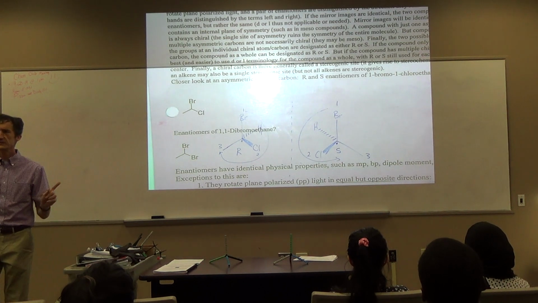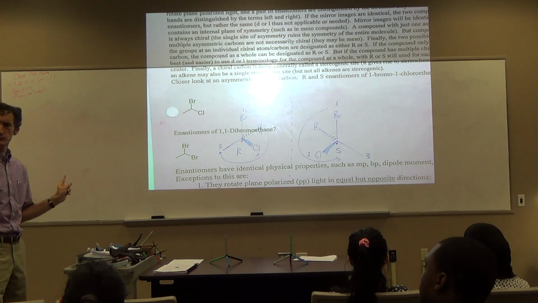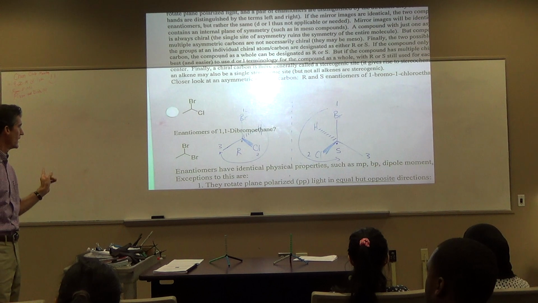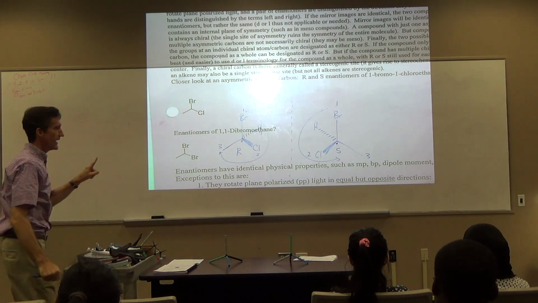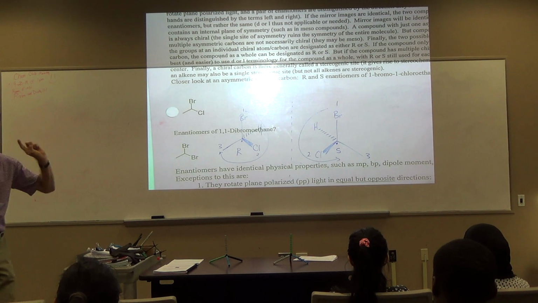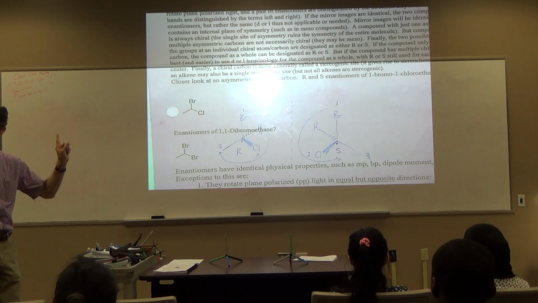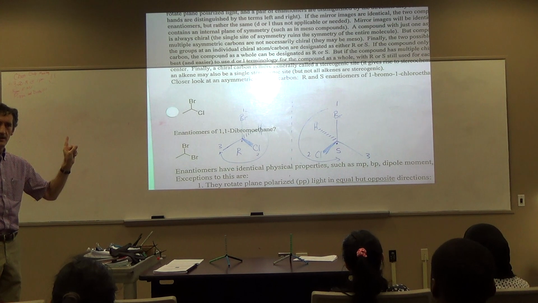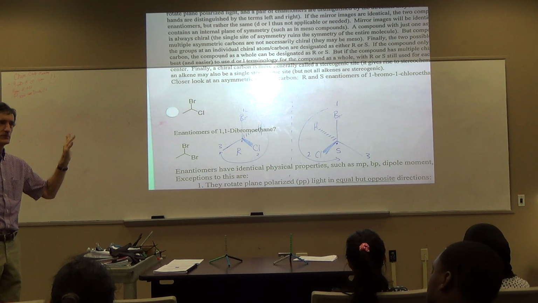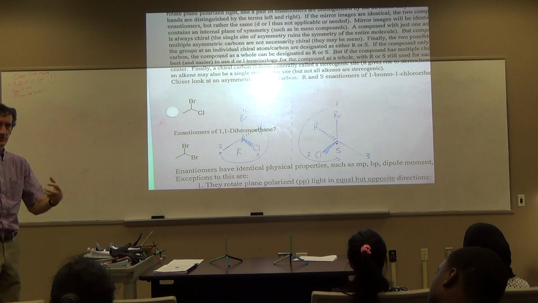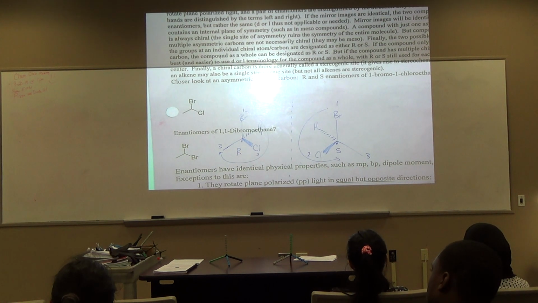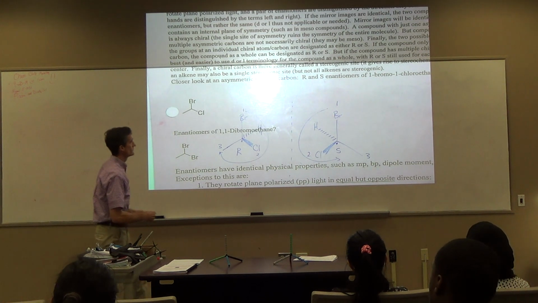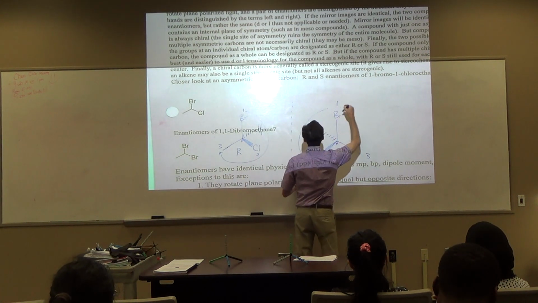I think these are from Latin: R is like rectus, which means right. The clock is moving to the right. And S means what? I think it means sinister. A long time ago, people that were left-handed, they were called sinister. Okay? I think that's where it came from. So, here's your name.